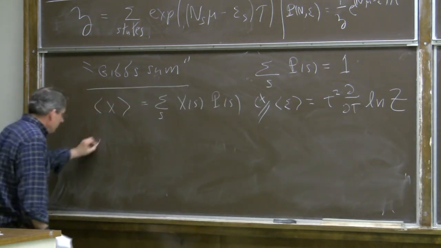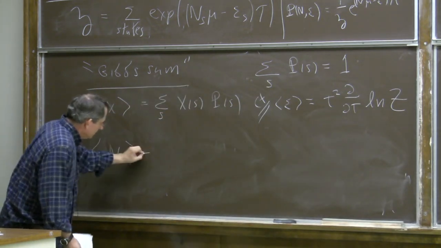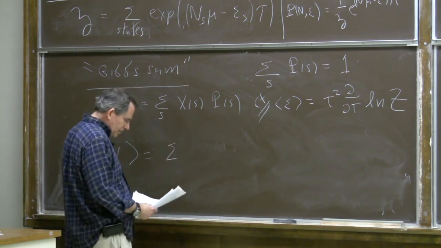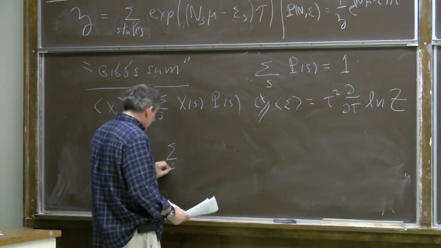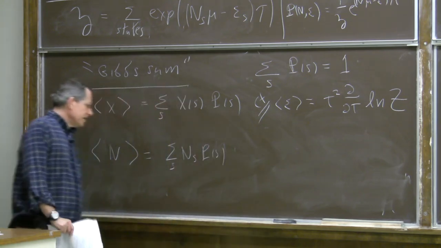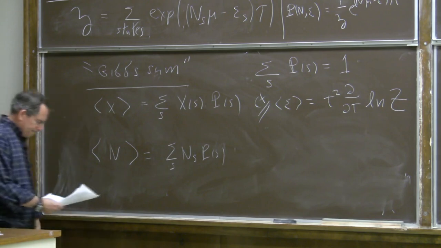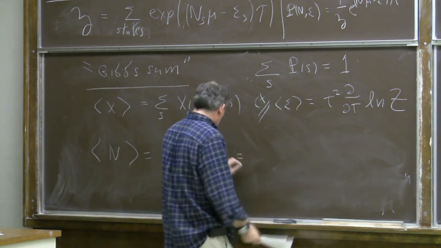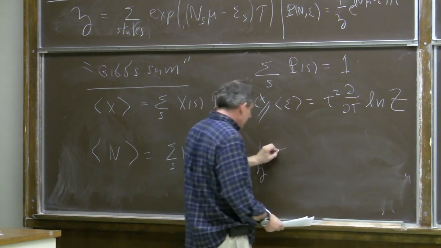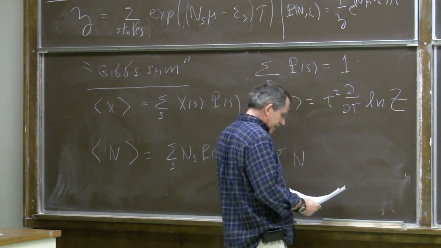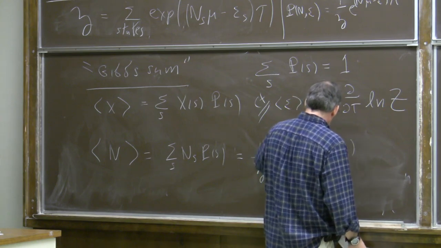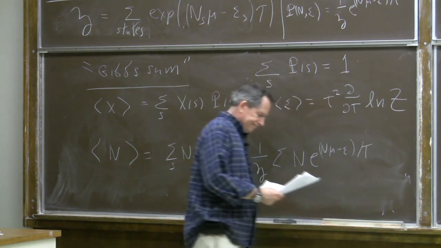The average value of the particle number, which is the sum over states of the probability of the state times the particle number in the state, is equal to 1 over the Gibbs sum in the normalized probability distribution, and the sum of n times e to the (n mu minus epsilon) divided by tau.